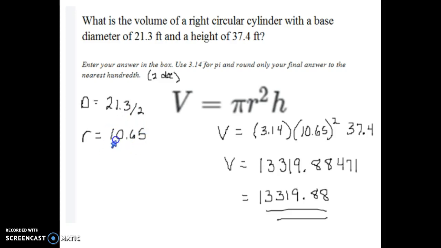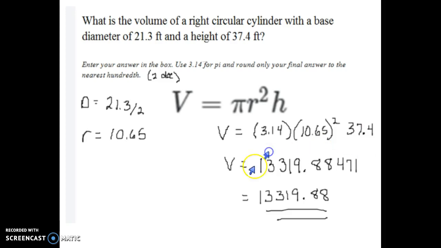They say to round only your final answer, so go ahead and plug in 10.65 here as your radius. 3.14 for pi, and be careful, if you use the pi button on your calculator, you will get a slightly different answer. So if it says use 3.14, just plug in 3.14 and then 10.65 squared, and our height was 37.4.